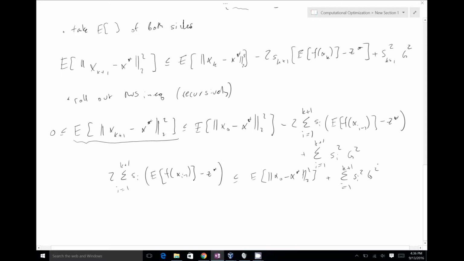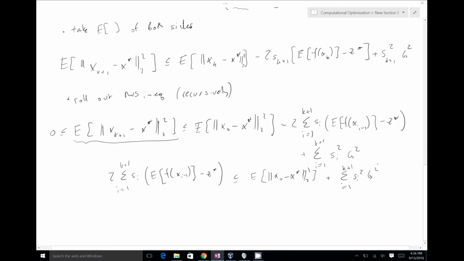Okay? So I think that's a relatively easy manipulation step. And then the last thing that I want to do is take a look at these things.